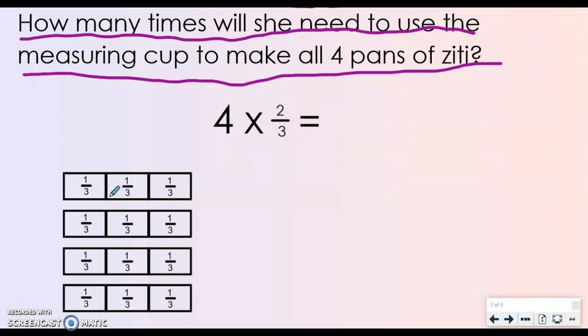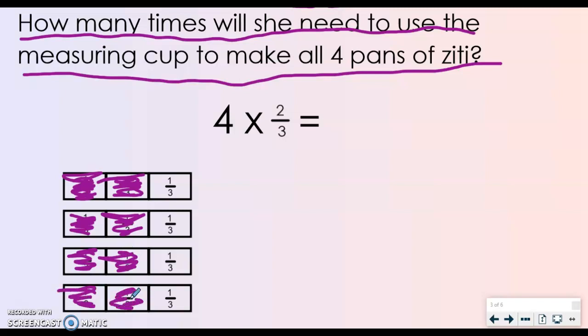So I have some models here. These are going to represent the amount of cheese needed for each of the pans of ziti. So for 1 pan of ziti, I would need 2/3 cup of cheese. I'm going to go ahead and shade in, not very pretty, but okay, so this is 2/3, and this is going to be 2/3. And again for my 3rd pan, and again for the 4th.